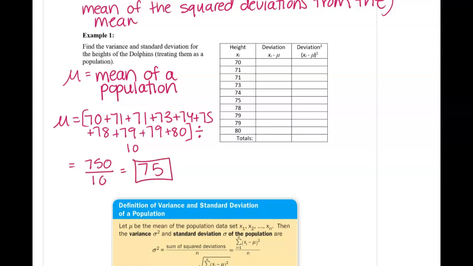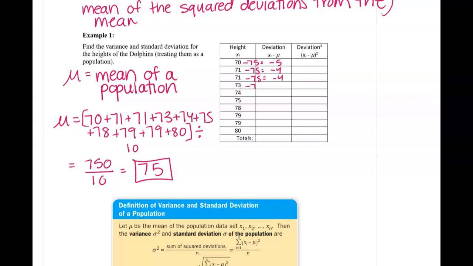So now let's go to our table. To find our deviation here, our second column, you do 70 minus 75, which is negative 5. 71 minus 75, which is negative 4. Negative 4, and so on.